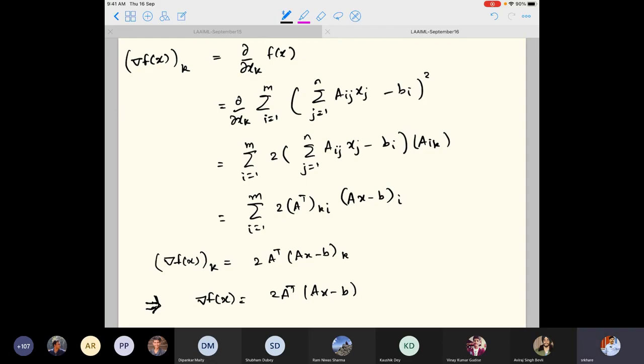So what is the ith row of A multiplying x? Summation of aij xj. This term you will get by multiplication of the ith row of A with x. Do you agree? Yes, sir. So that's why I have written down Ax minus b, the ith element. Is that okay?